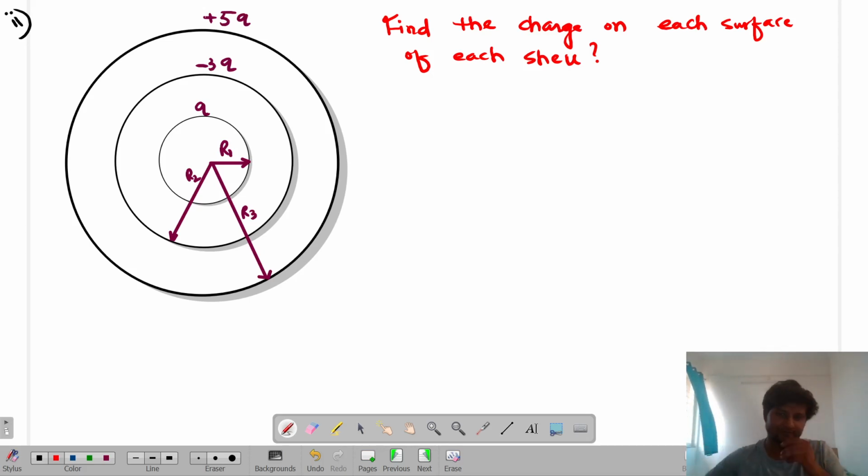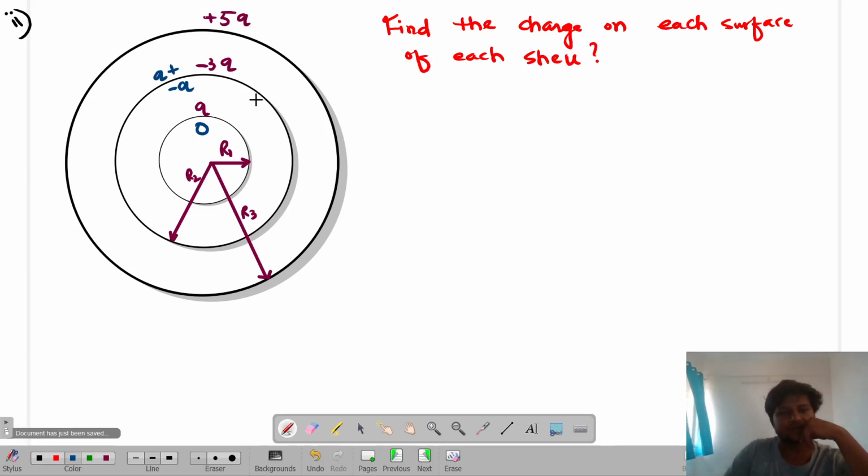Achha, what is the meaning of this? Basically, we know that all conductors do induction, isn't it? So look over here. Inside it, it will be 0, isn't it? But due to plus Q, there will be another charge minus Q developed over here or not. And then plus Q over here. So the net charge on the second surface becomes how much?